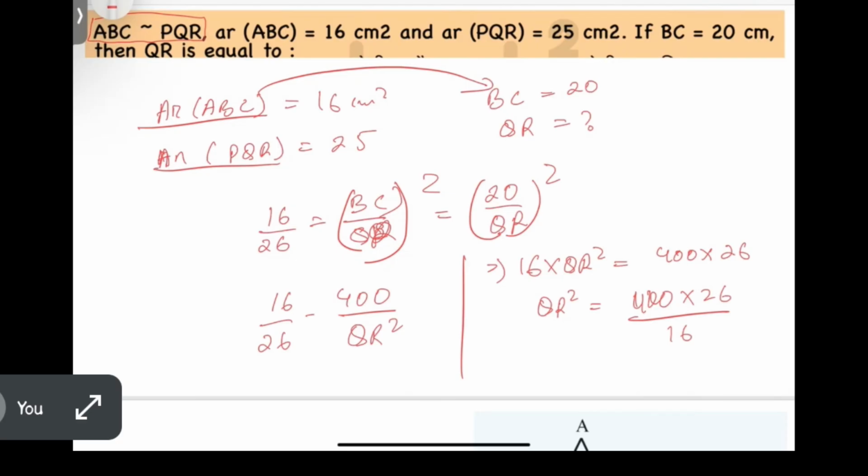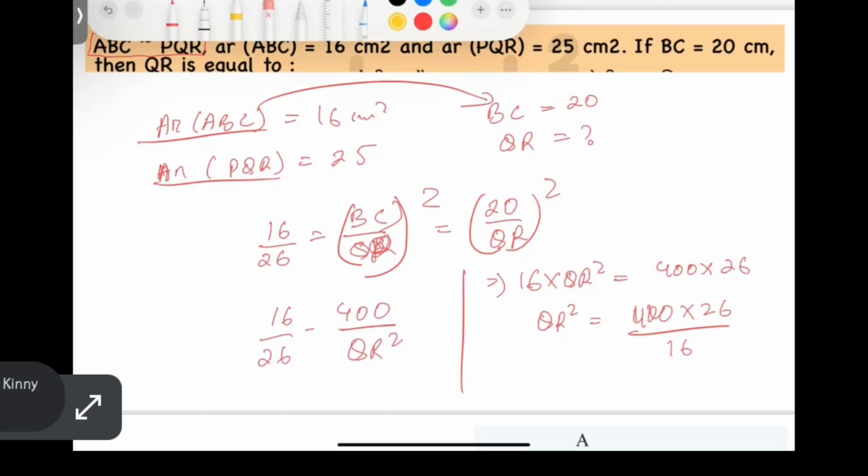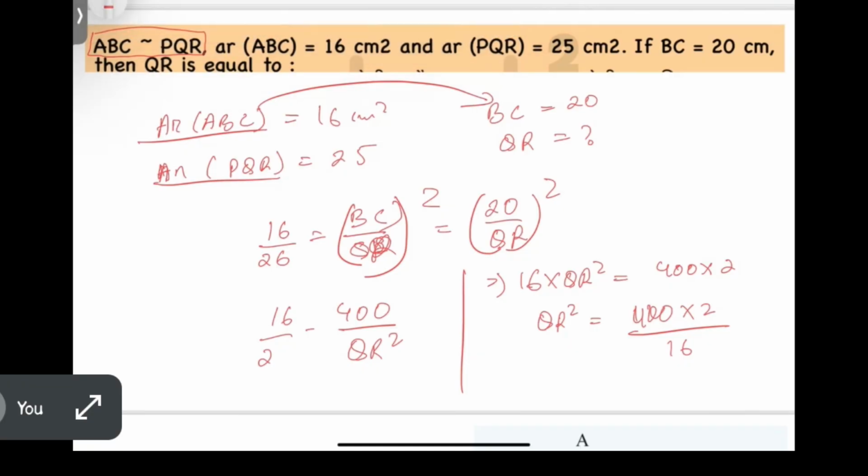I'm so sorry, this one is 25, okay? I was wondering how come we don't have a perfect square.